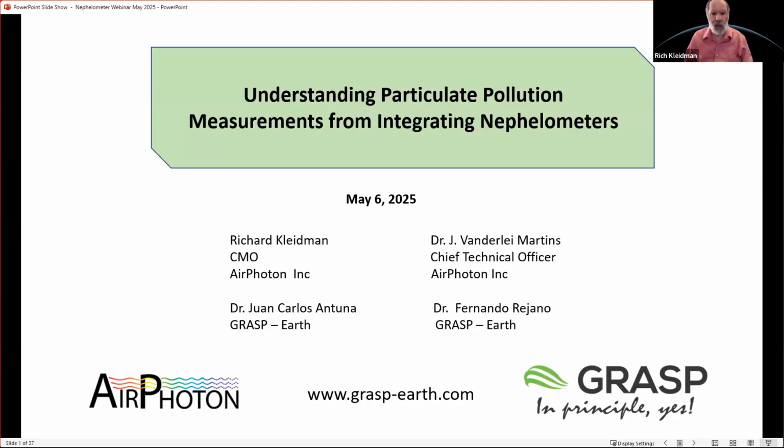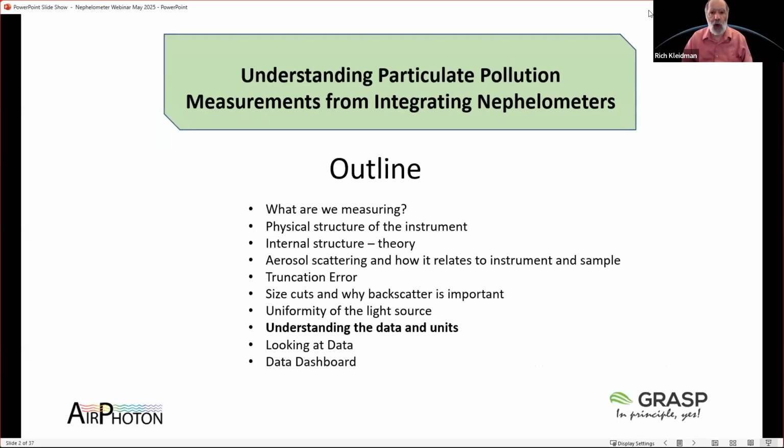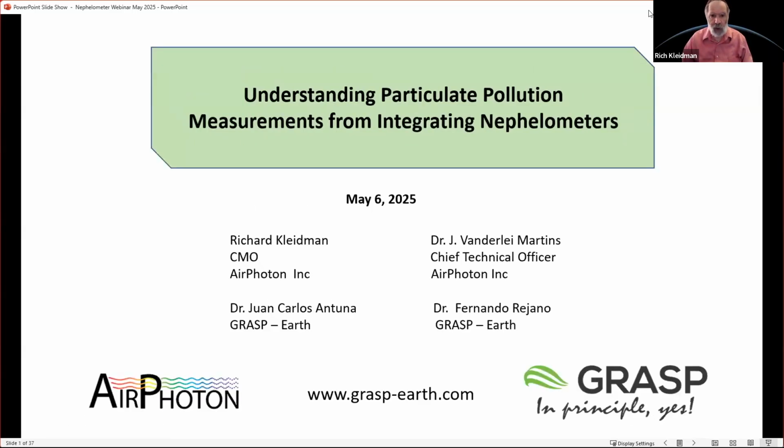And the PM 2.5 calculation that we make is a dry PM 2.5 mass, which is what is often preferred by the health community, but we actually can provide both wet and dry PM 2.5 mass.